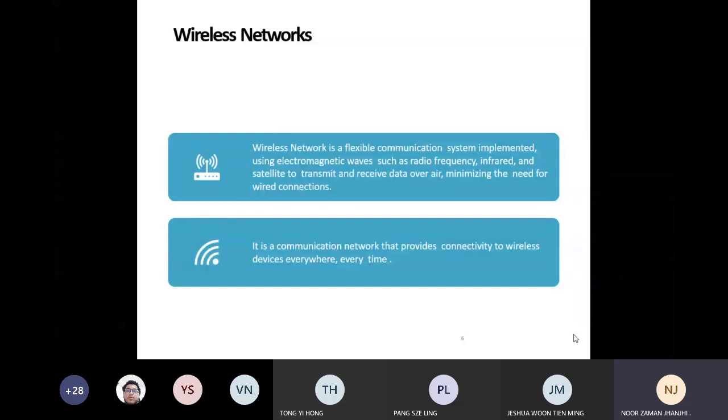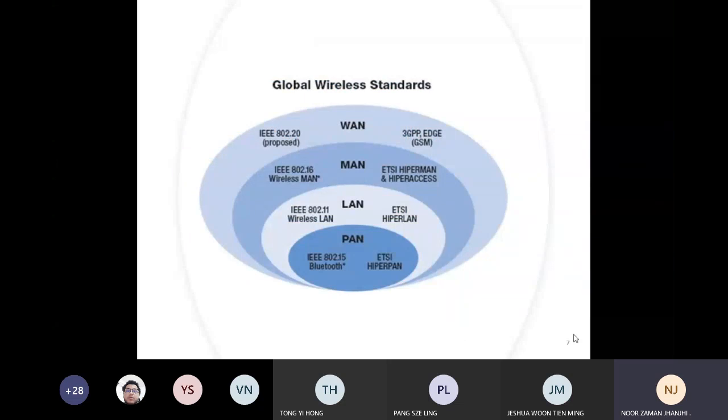Then the next is communication network. It provides connectivity to wireless devices anywhere, anytime, with high flexibility, provided that the devices are within range.